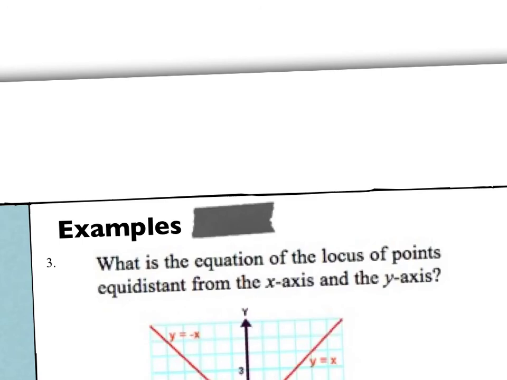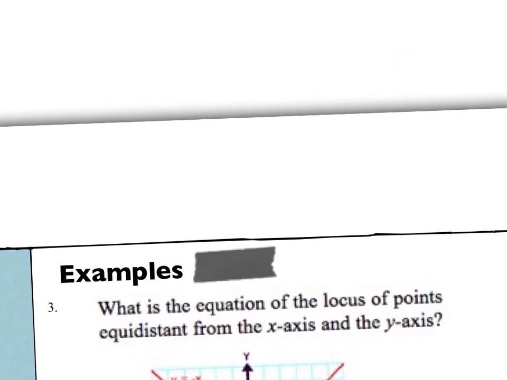So here's question number 3. What is the equation of the locus of points equidistant from the x-axis and the y-axis? So this is actually asking you about a locus of points of 2 lines. Are these 2 lines intersecting? Well, the x-axis and the y-axis do intersect.